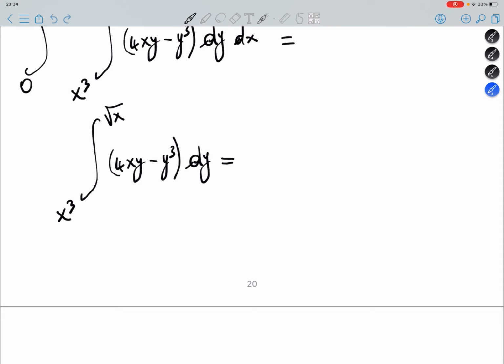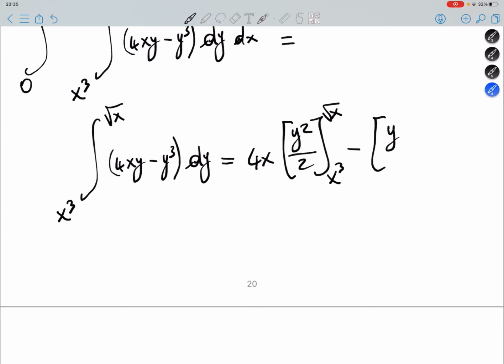So this is going to be 4x, and then we integrate the y, which is y squared over 2, and that goes from x cubed to square root of x. Now minus, here we have y cubed, so this is going to be y to the 4 over 4, and then goes from x cubed to square root of x.